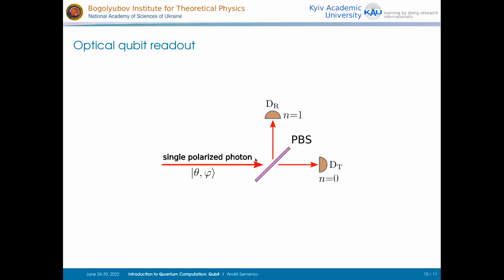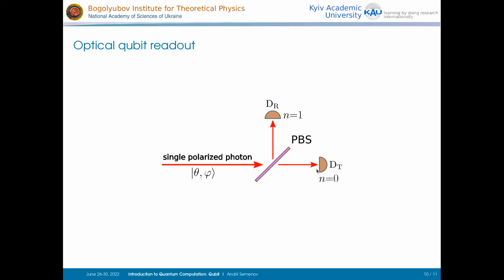And now I would like to explain how this works. This device, which is called a polarization analyzer, has several parts. The first part is the so-called polarization beam splitter. With this device, for example, a horizontally polarized photon is always transmitted, and it is never reflected.